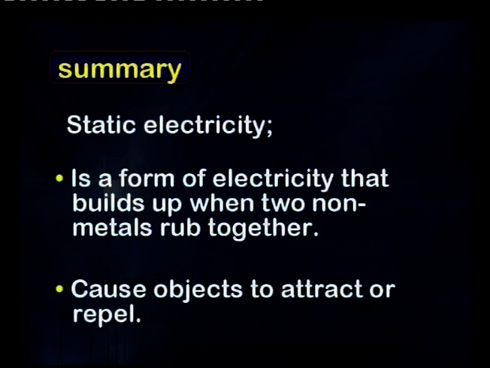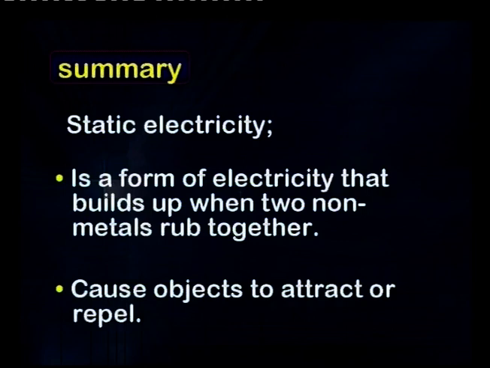Static electricity is a form of electricity that builds up when two non-metals rub together. Right? So you will see that there is a form of electricity, and it builds up when two non-metal objects are rubbed together.